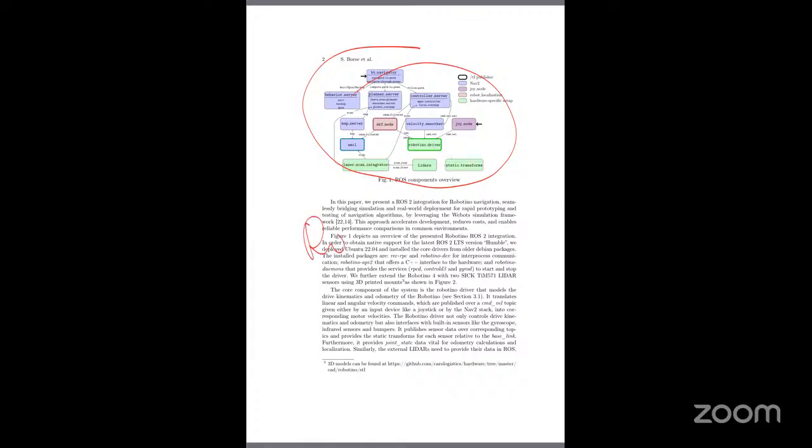That is very important, this ROS2 long-term support Humble.